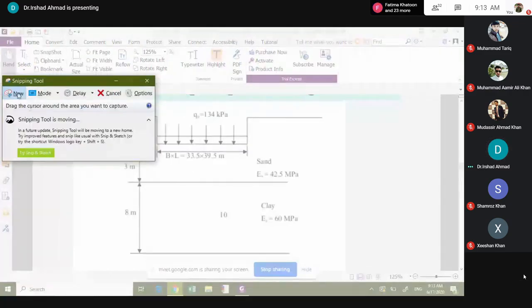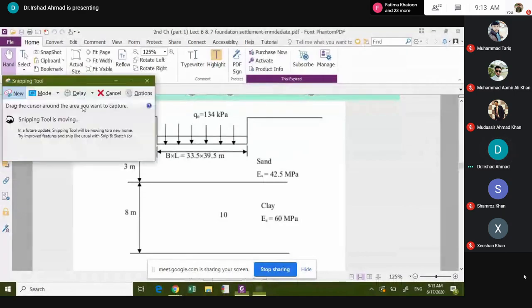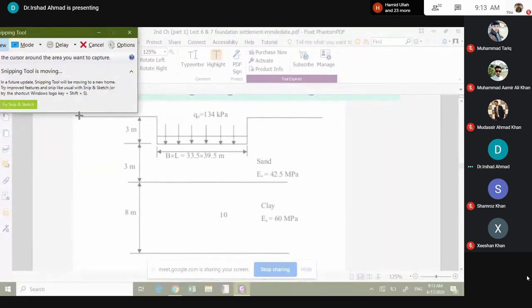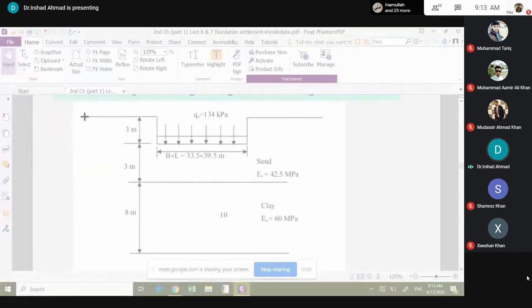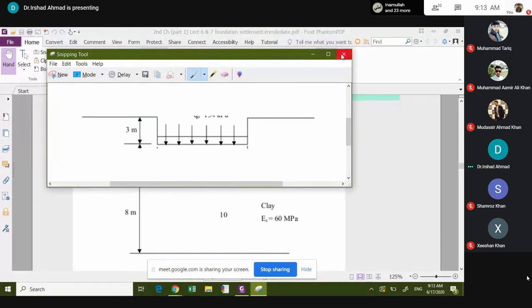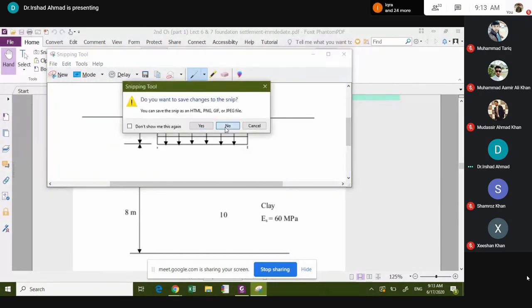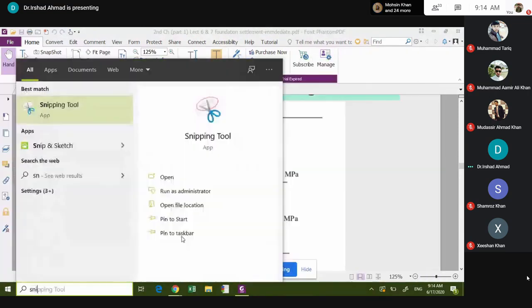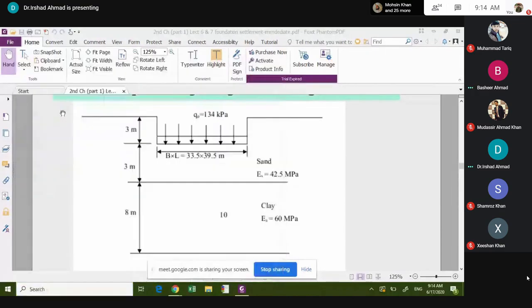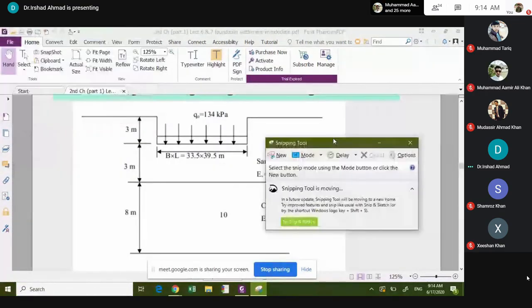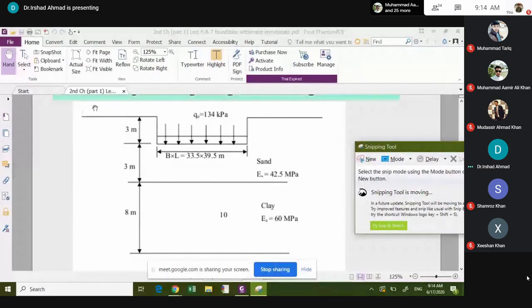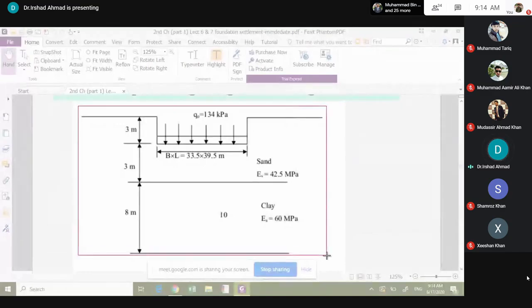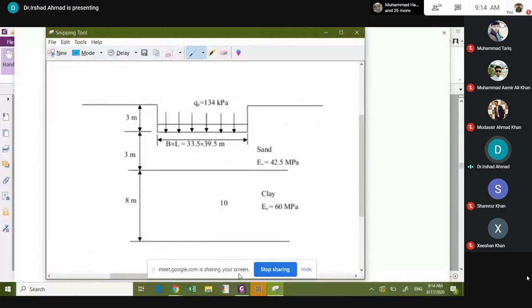Let me snip it. This is the example. Let me put it in the paintbrush.